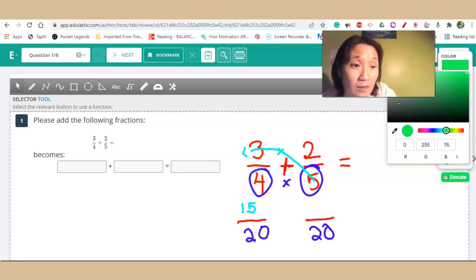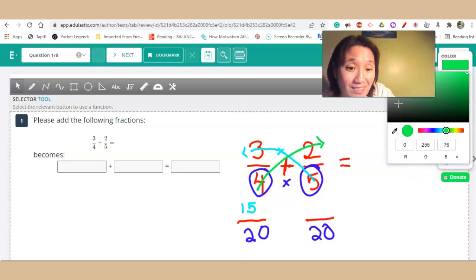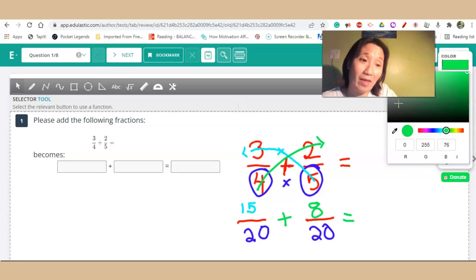Okay, so then the next one, you're going to multiply the 4 times the 2. Okay, 4 times 2, and the arrow points to what side you put your answer on. So 4 times 2 is 8. Okay, so remember, we're going to add these guys up. When you add them, you are going to just add straight across.